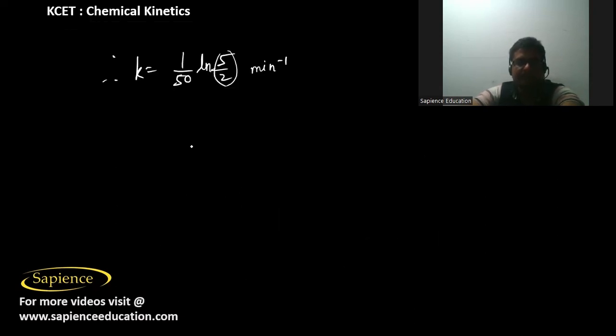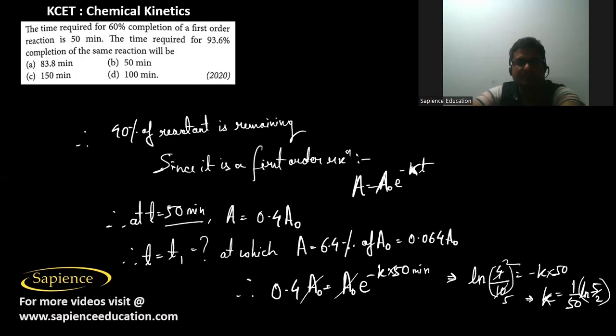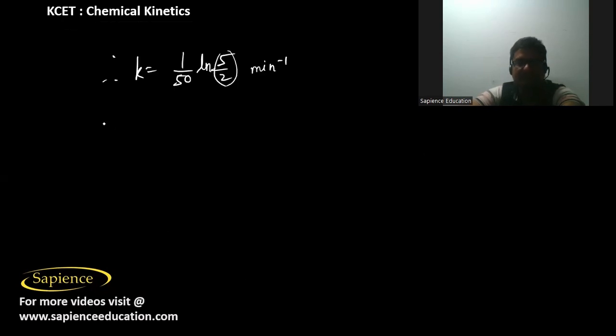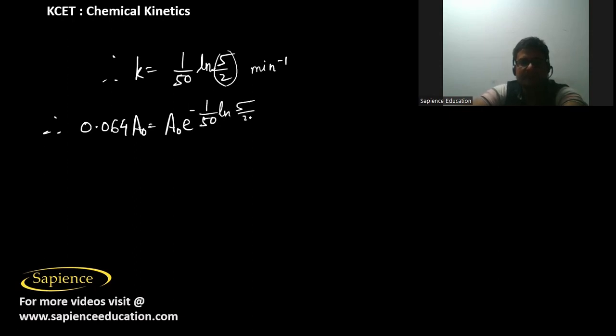Now time t1 has been asked at which A is equal to 0.064 A naught. Therefore, 0.064 A naught equals A naught e power minus k into t1, where k is 1 by 50 ln 5 by 2. t1 is to be found.